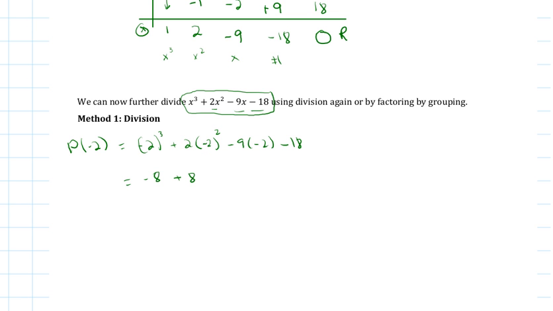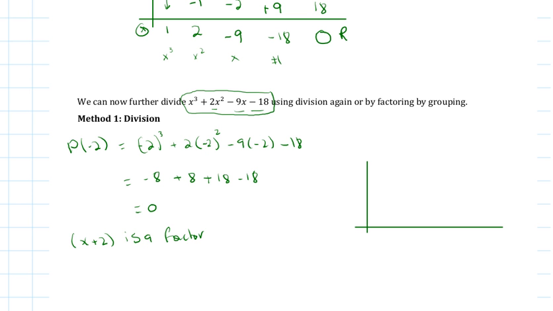That's going to give me -8 plus 8 plus 18 minus 18, and you see that this is a remainder of 0. So I know that x plus 2 is a factor. So what I have to do here is set up another synthetic division.